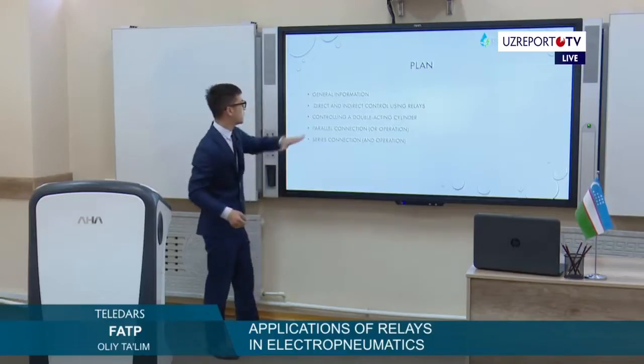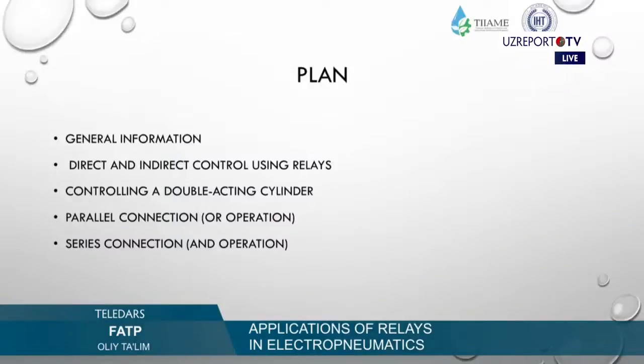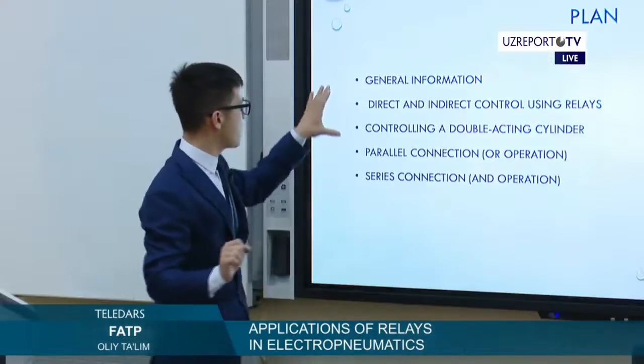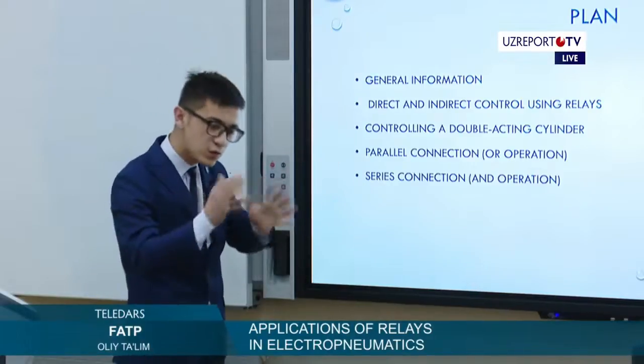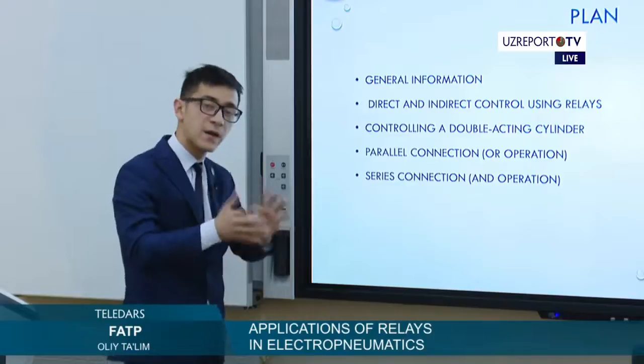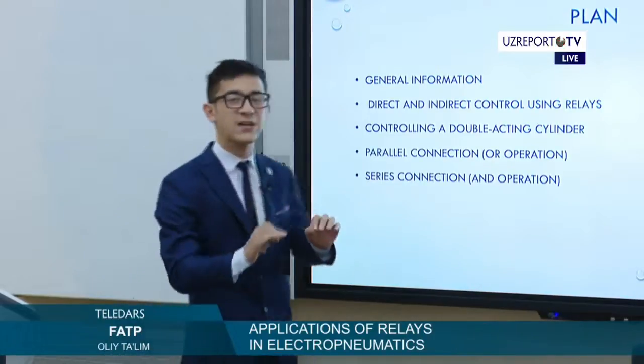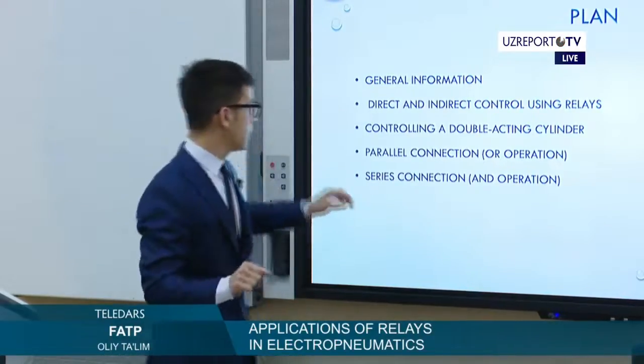Today we'll talk about the general information. What is that? The electropneumatic sets and the relays. How you can use them and how we can make systems in general. We'll talk about a little bit of theory, and then 4 types of connection. These are relays using push buttons and relay combinations to make actions in electropneumatic units.